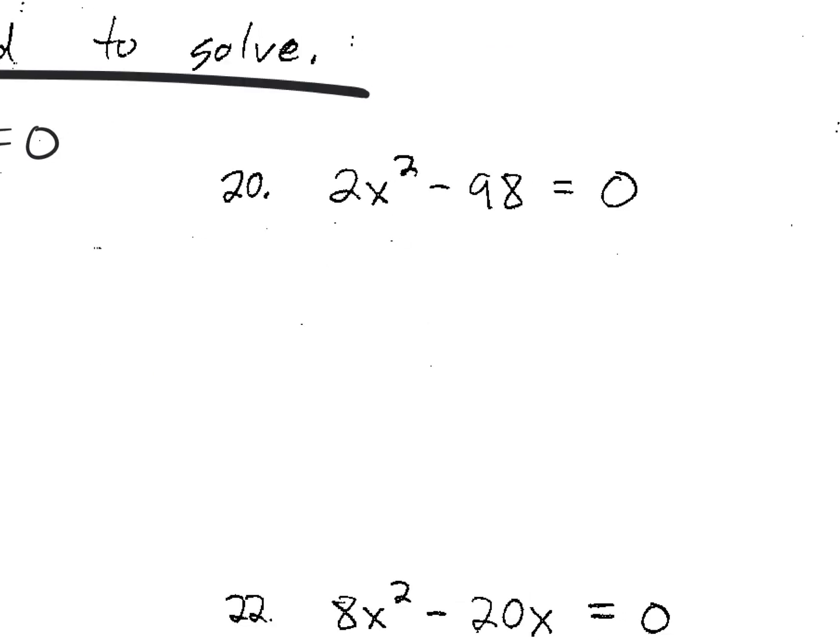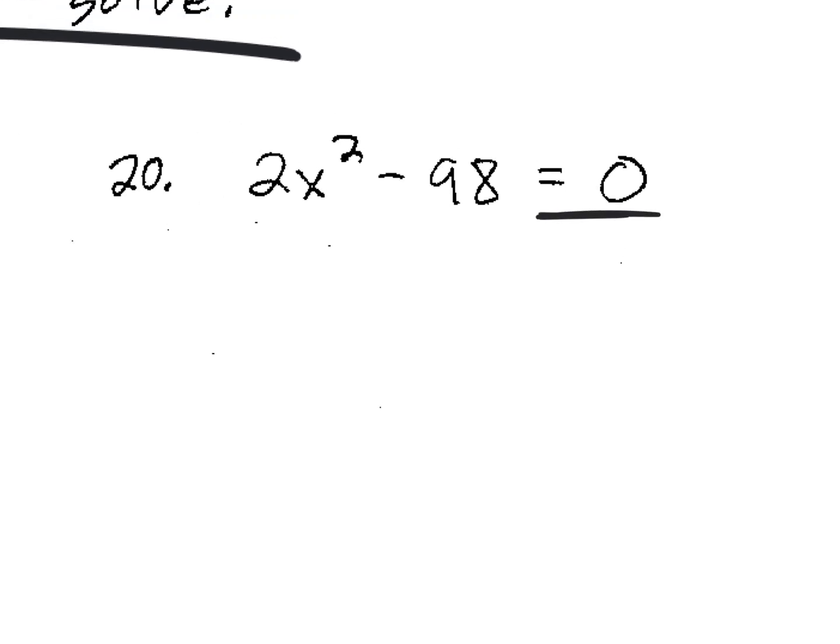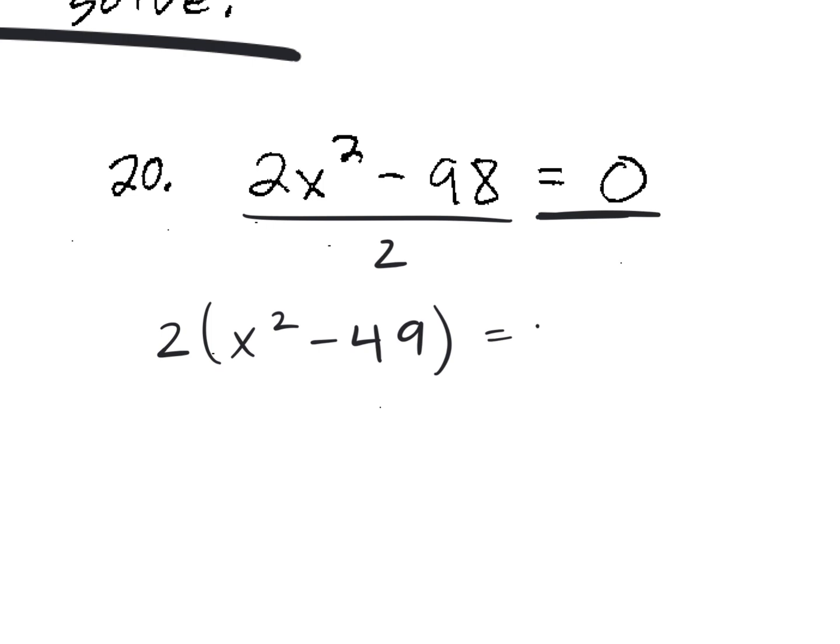Okay, moving on, number 20. Number 20, I only have two terms. It is equal to 0. So I would start by taking out our GCF. If I divide both of these by 2, I get x squared minus 49. Okay, now this should look familiar because this is actually a difference of squares.